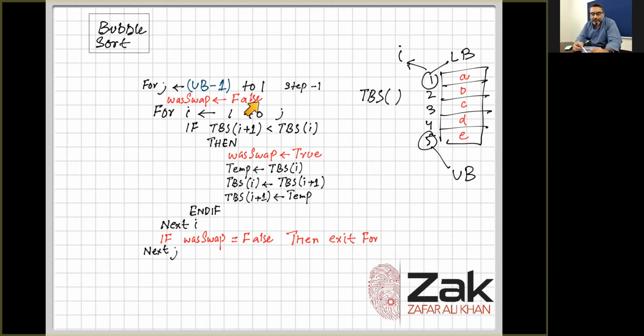So when the whole inner loop worked and was swap remains false, it means not a single exchange has happened, because the array is already sorted. So if it is sorted, there was no single swap, then we don't have to run the outer loop any more times, we have to get out. So here we will use if was swap is equal to false, then exit for.